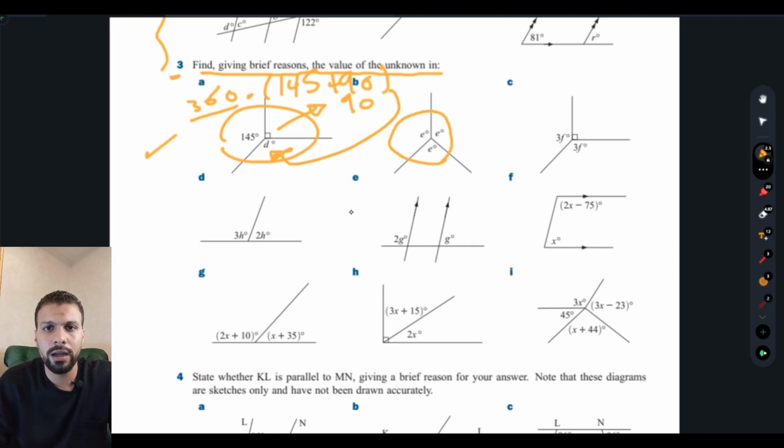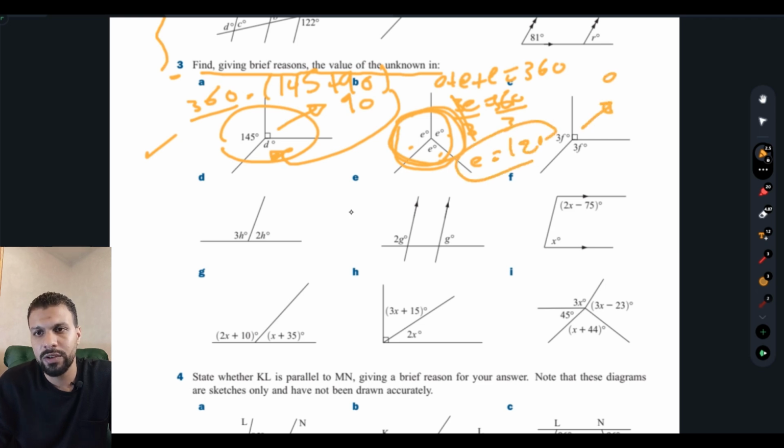I have all angles E are equal. Then E plus E plus E equals 3E equals 360, because the sum of all angles equals 360. Then I will divide by 3, then E equals 120. So easy. The same, this is 90 and this is 3F.